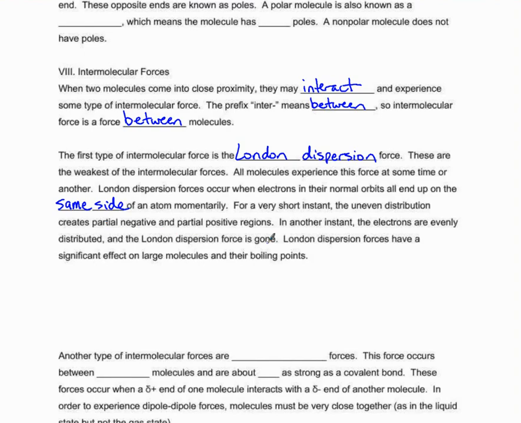In another instant, the electrons are evenly distributed again, and the London dispersion force is gone. London dispersion forces have a significant effect on large molecules, and this is really going to be affecting their boiling points. It explains why very heavy molecules tend to be liquids rather than gases.